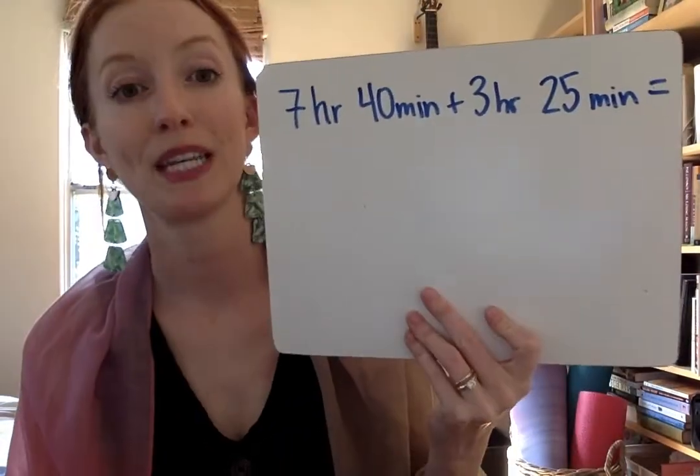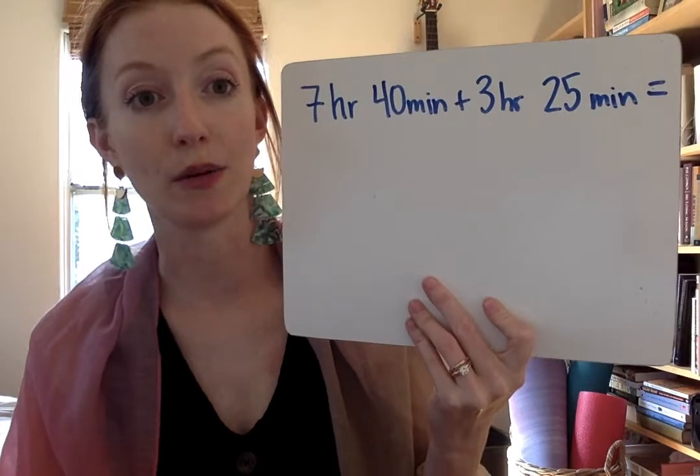Okay, and you can go ahead and write what I have here. I'm gonna write it and then show it to you, so I'm not turning sideways all the time. 7 hours, 40 minutes, plus 3 hours and 25 minutes. Got my equal sign. That's an equation, right? If it has an equal sign, it's an equation.